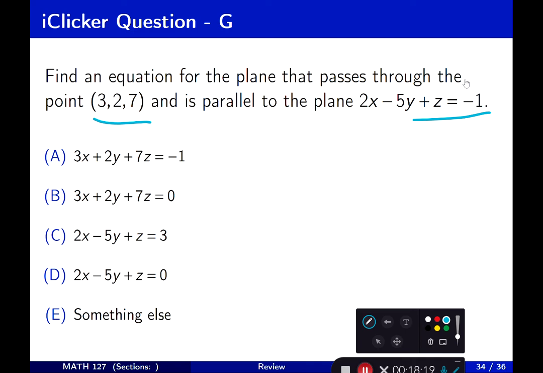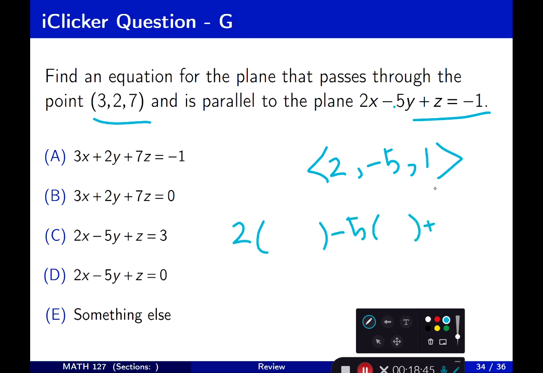And so the normal vector here, I can extract: what is multiplying x is 2, what is multiplying y is -5, and what is multiplying z is 1, with all three variables on one side. So that's a normal vector, and that's a point on the plane, so I can write it as 2 times, minus 5 times, and 1 times, equal to 0.